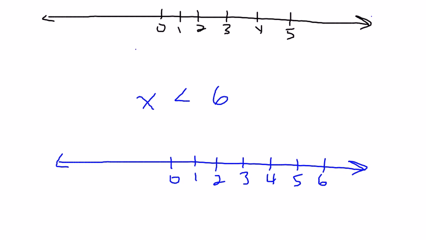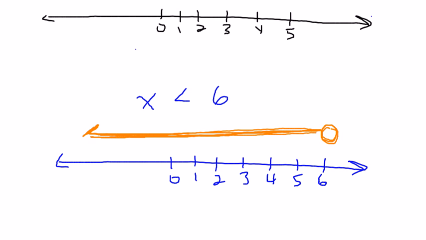We will use an open circle at 6 because 6 cannot be part of the solution. Right? We want the numbers less than 6, which means we will extend our arrow to the left. This shows us that all the numbers to the left of 6 on the number line will satisfy this inequality.